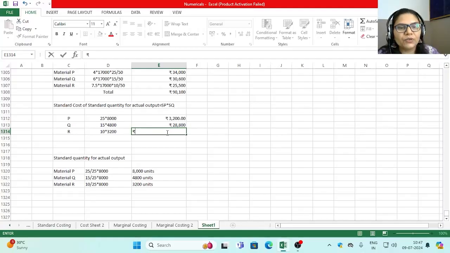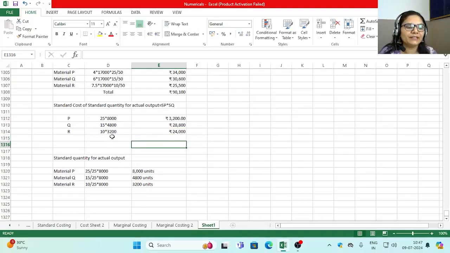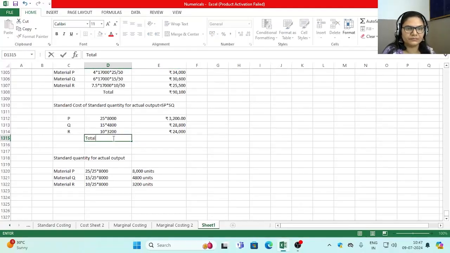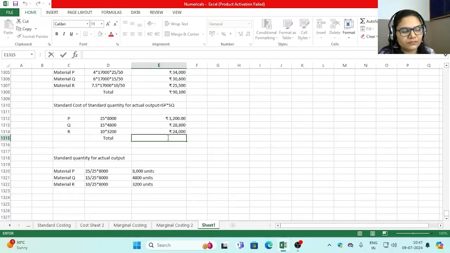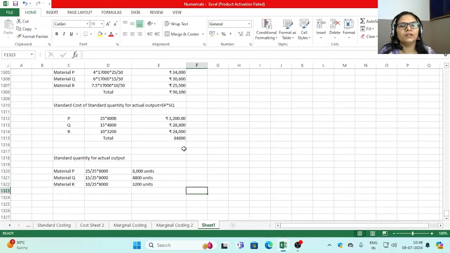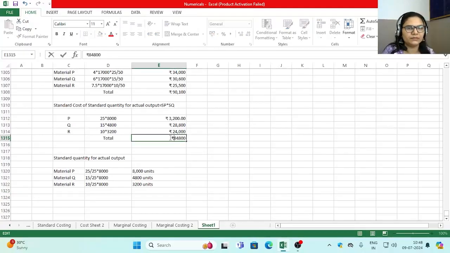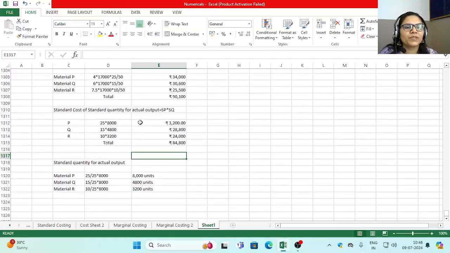We will get the value of 24,000. After this, we will get the total of rupees 84,800. So this is the total we are getting in rupees form.